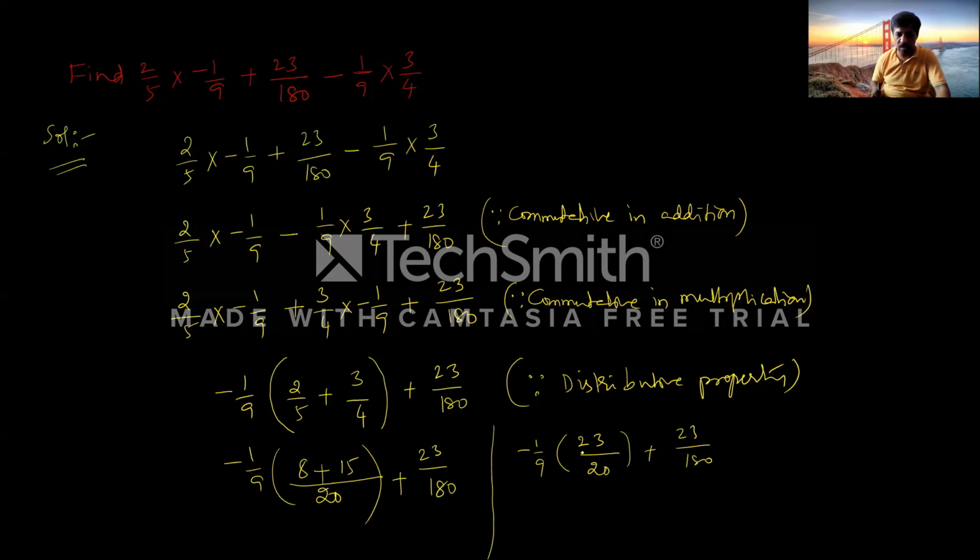If you multiply numerators, minus 1 into 23, minus 23 by 9 into 20, 180, plus 23 by 180. If you observe here, this is minus 23 by 180, this is plus 23 by 180. By using inverse property in addition, minus 23 by 180 plus 23 by 180 is 0. So 0 is the required answer.